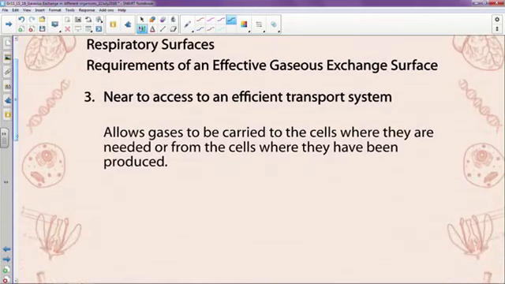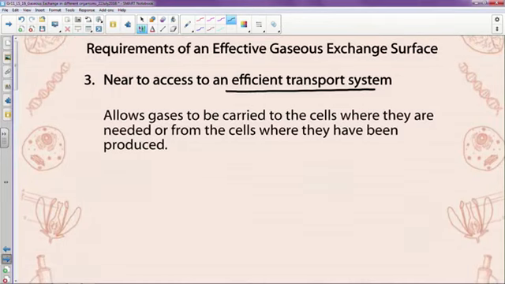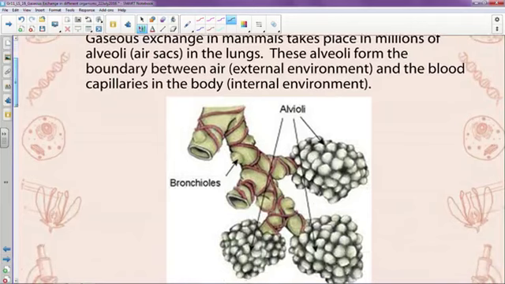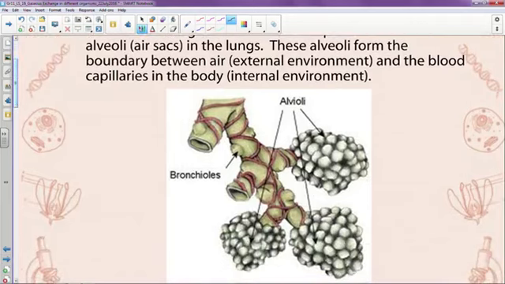The third requirement was access to an efficient transport system, and we said that the gases need to be carried away, and for that you saw that around the alveoli there was an extensive covering of capillaries that allow for that exchange of gases. That's exactly what I was showing you here. You can see that the alveoli on the external surface have blood capillaries, and these allow for the exchange of gases efficiently between the air in the environment, which is coming through there, and the blood surrounded in the capillaries on the external surface.